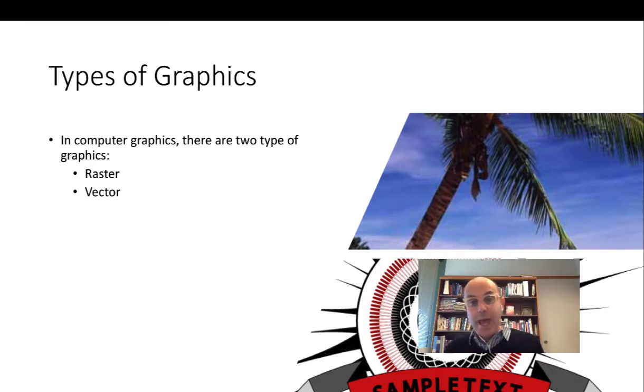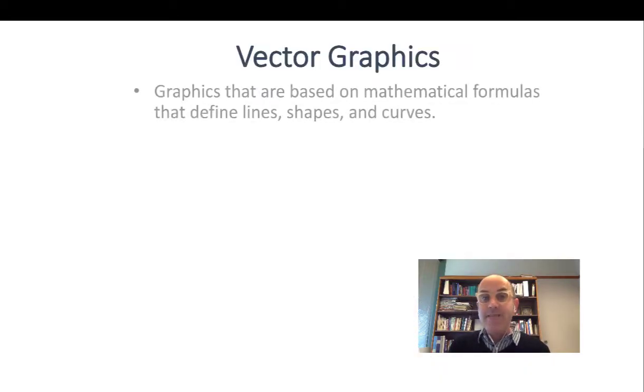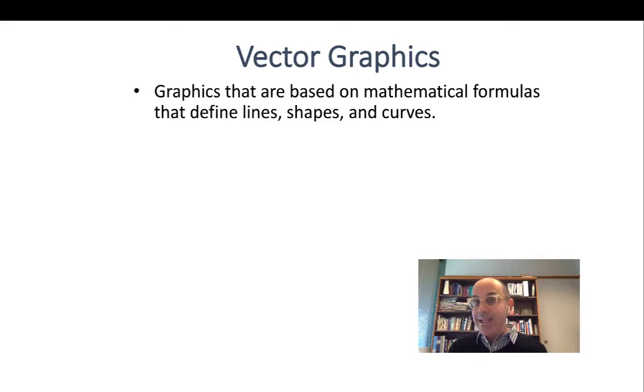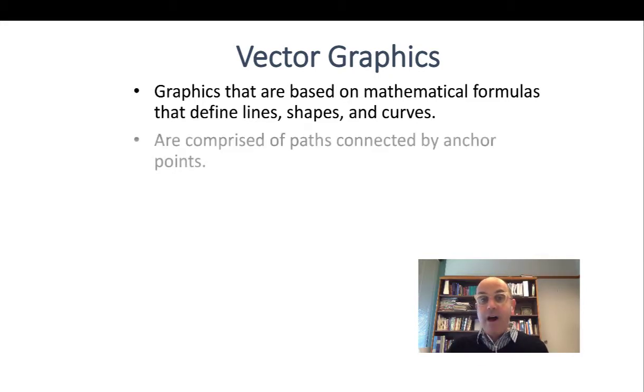I will talk today about vector, and I will describe it, and we will use Adobe Illustrator because Adobe Illustrator is a vector application, which means it produces vector graphics. So what is vector graphics? It is graphics based on mathematical formulas that define the line, the shade, and the gradient inside those graphics.